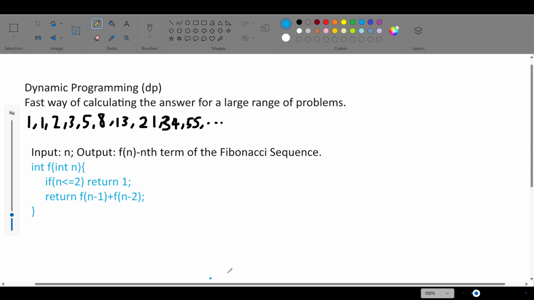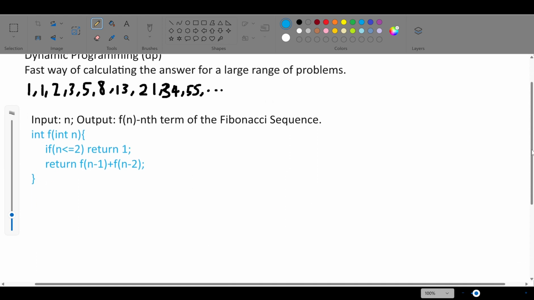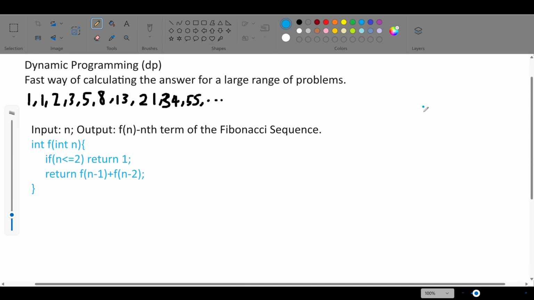Now, if we try to draw our function out, what I mean by draw is we graph a tree diagram for this recursive function. Let's say the input n is 9.